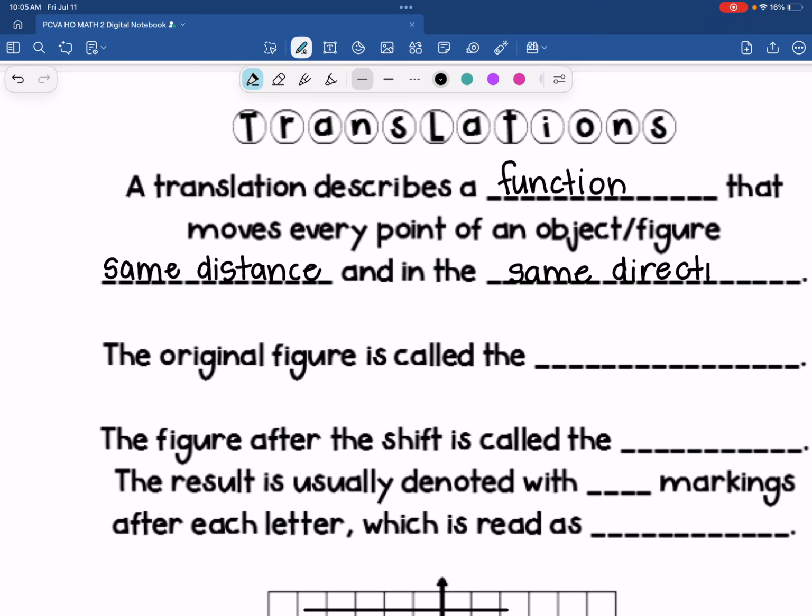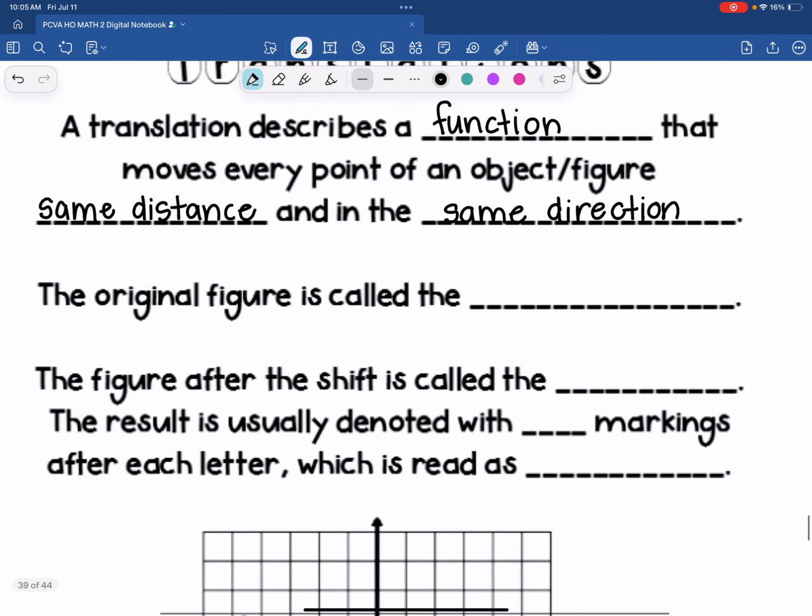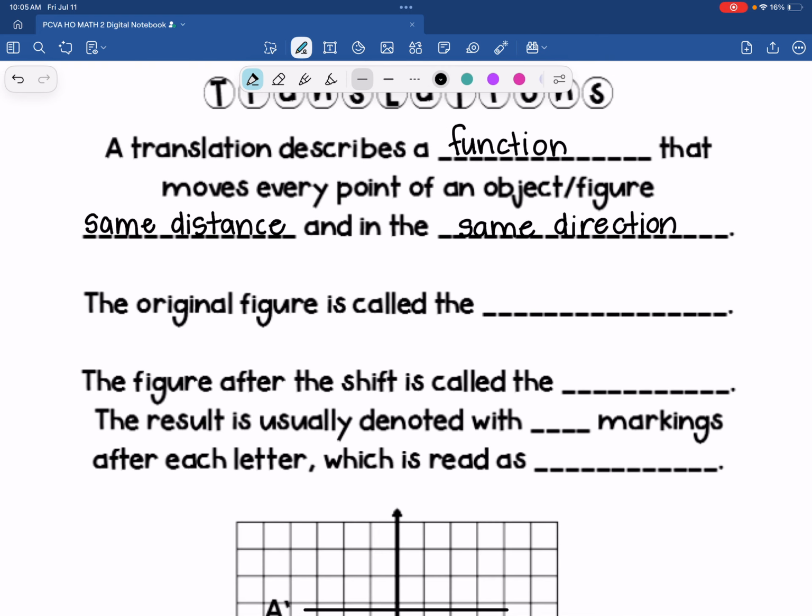So a translation means that we're going to have a rule where it moves every point in the same direction and the same distance. Now, the original figure is called the pre-image, so that's super important, especially when you're reading a problem. It may say pre-image. The pre-image is the original. The figure after the shift is called the image. So after the shift, that's just called the image that you're trying to find.